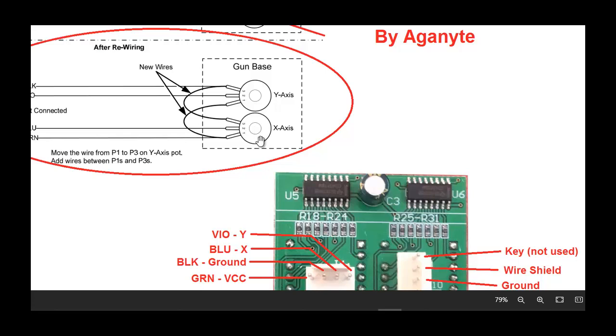We will need this if you are using a new version of the gun board. For the old version, use the old connection. For the new, we have to connect like this. New wire, as you see.